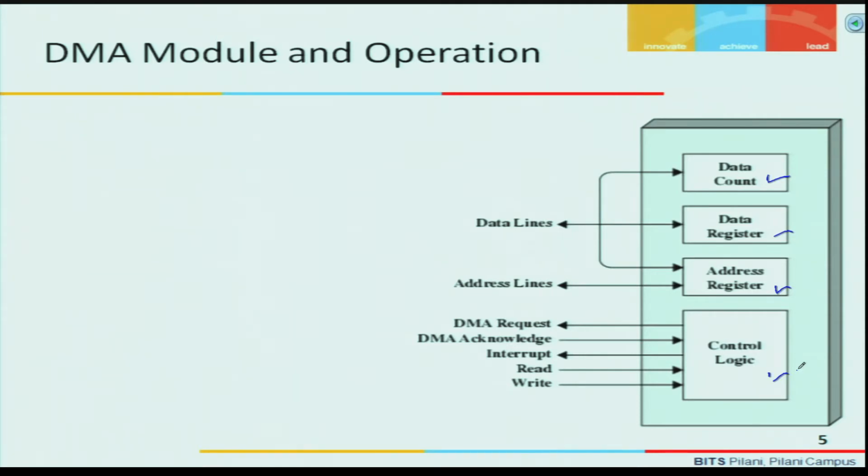The IO transfer work is delegated to another electronic circuit component. Earlier, in programmed IO and interrupt driven IO, this control logic was with the processor. Now it is with the DMA. That is one difference we can see.